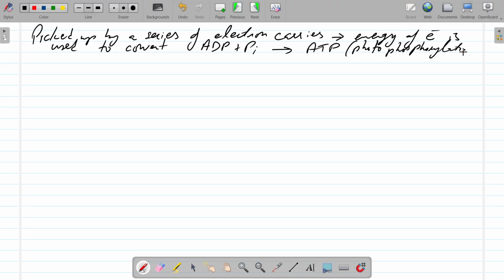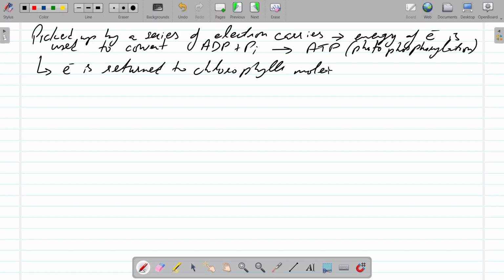So ATP is produced, but the electron's not done. It travels along the series, and the electron is returned to the chlorophyll molecule. And that's what makes this process cyclical.